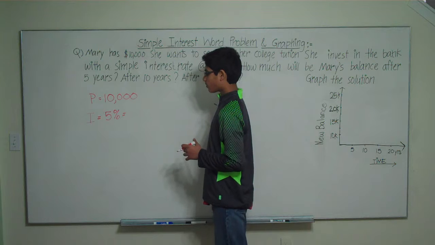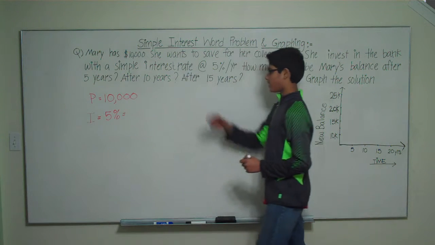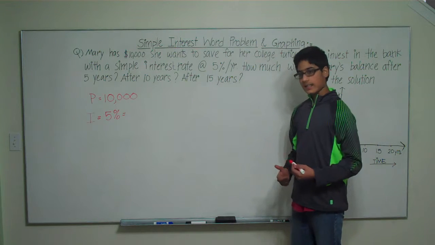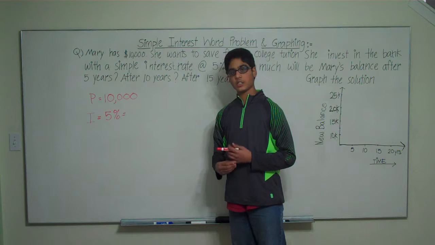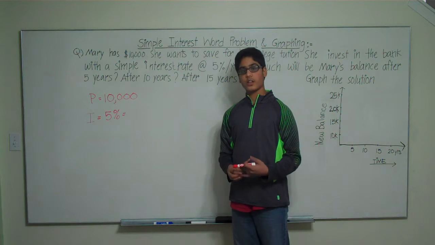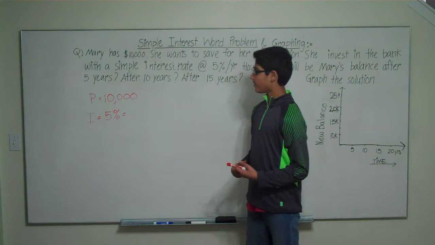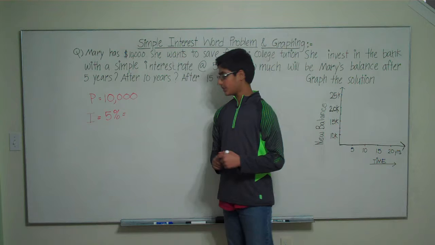So let's find out. Now because it is simple interest rate, it means that you add a certain value to that $10,000 each year. For example, we would add $200 or $300 each year. So let's find out how much interest is being added to our $10,000 each year.